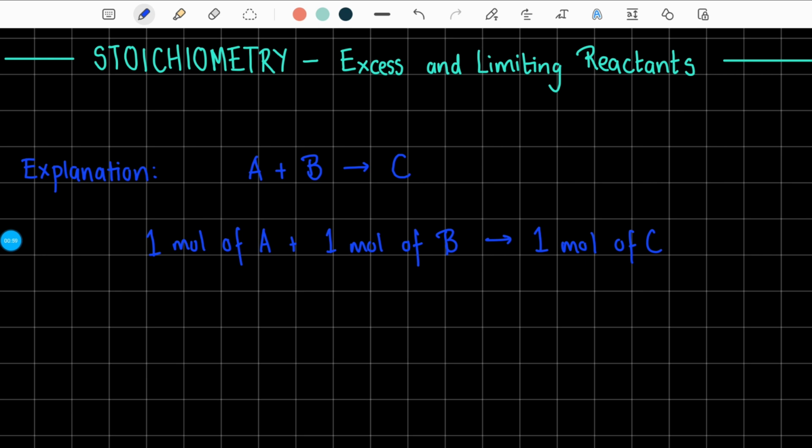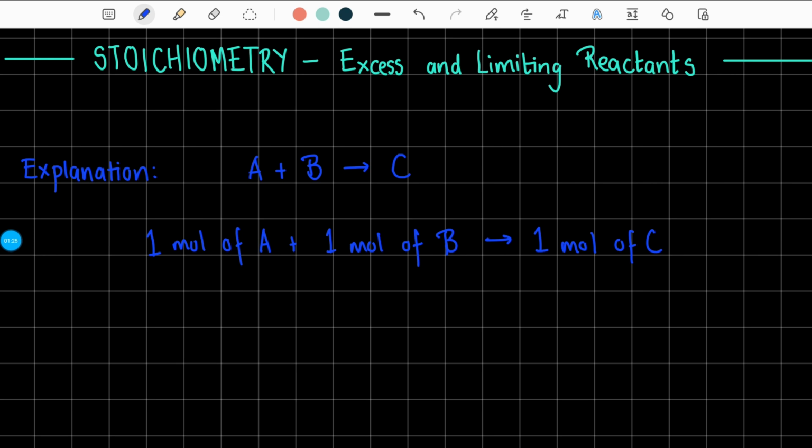You won't always have your reactants in their exact molar ratios combining together. As a result, you will have one reactant that is in excess and another reactant that is limiting. Okay? In case of more than 2 reactants, you will have only one limiting reactant and multiple excess reactants.